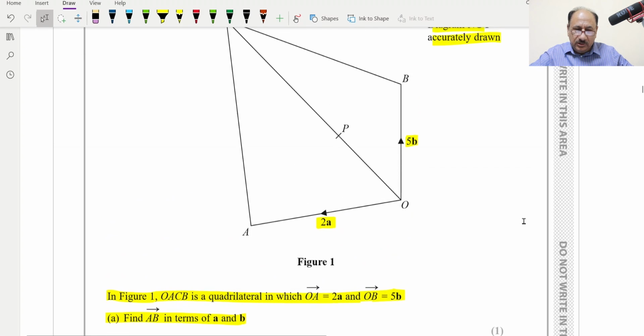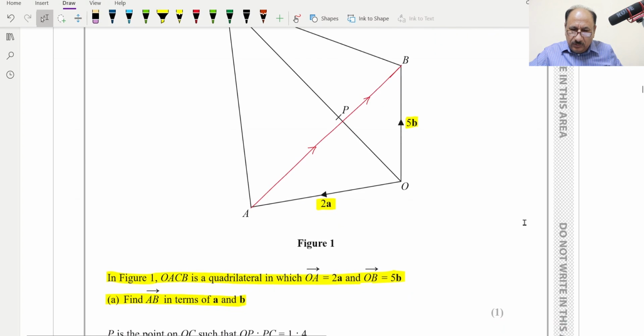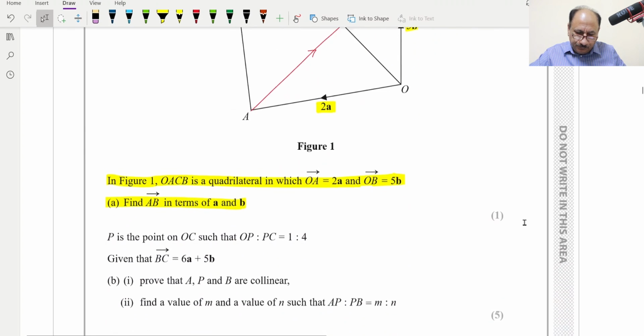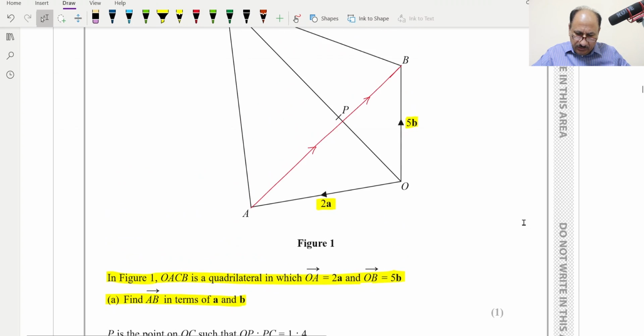So we will check which one AB is. AB is basically starting from here to this one, and this will be the direction of AB. We have to find the vector AB.